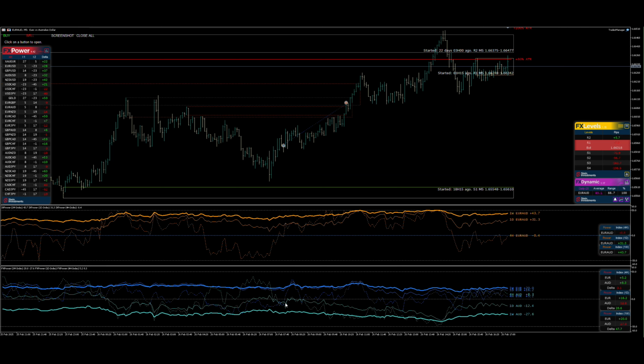And in the lower sub-window we can see that it is followed by a breakout strategy right afterwards, which is also a trend confirmation of this strong euro against the weak Aussie dollar.